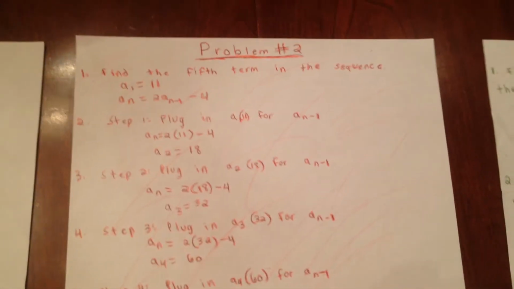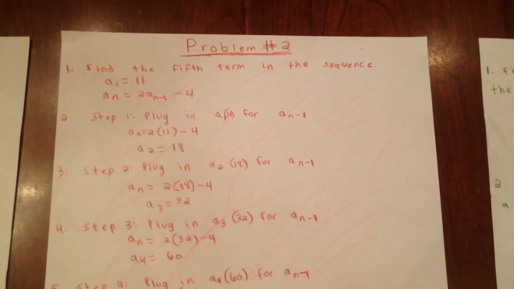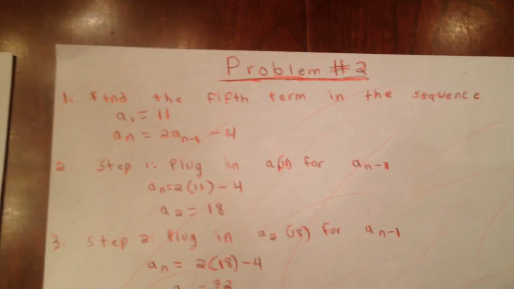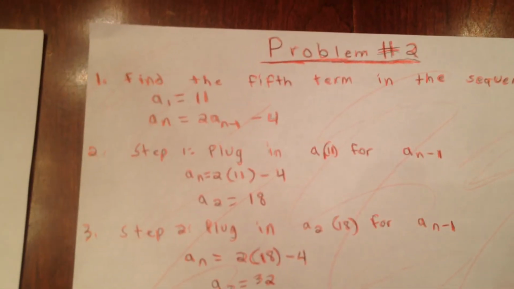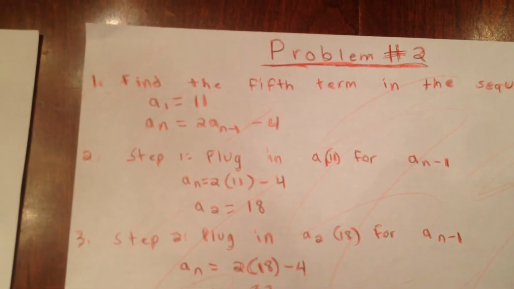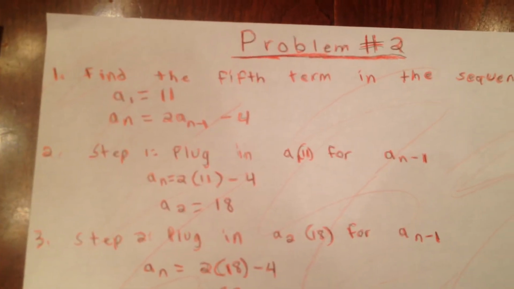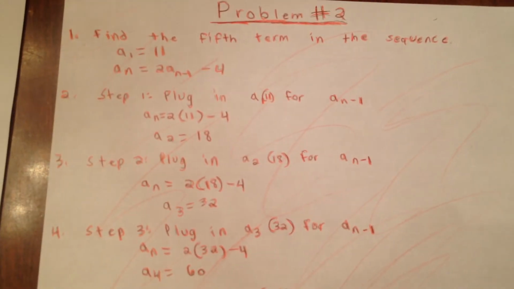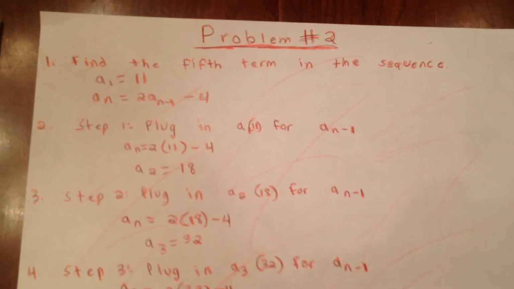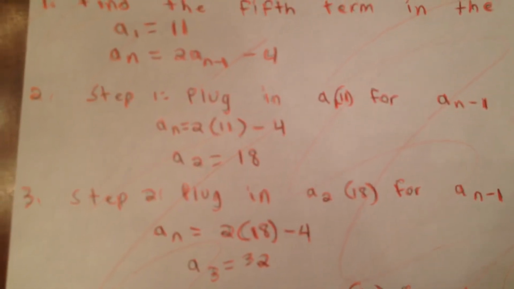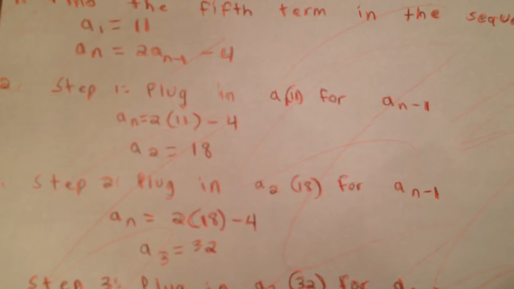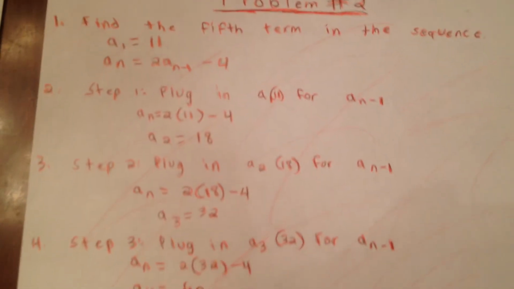Example problem number 2 is one of those problems where you're trying to find a specific term. In this case, we're trying to find the 5th term in the sequence, and they will give you the a sub 1 typically, and then the formula a sub n equals 2 a sub n minus 1 minus 4. So this is pretty easy. You're just going to plug a sub 1 into that formula, and you calculate out a sub 2, which is 18, 2 times 11 minus 4.